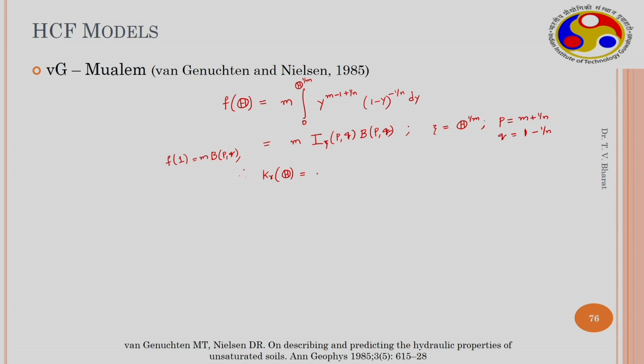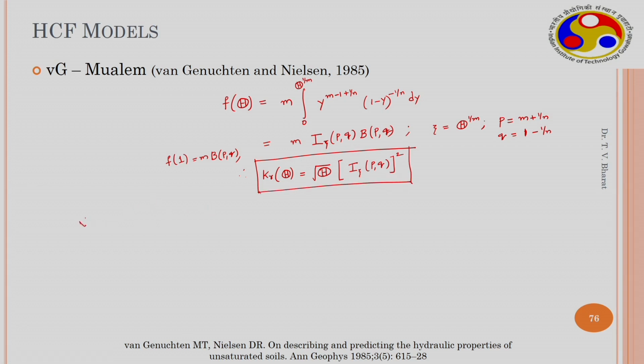So, therefore, Kr of Theta is equal to square root of uppercase Theta times the incomplete beta function ratio, whole squared. So, this is the general solution.